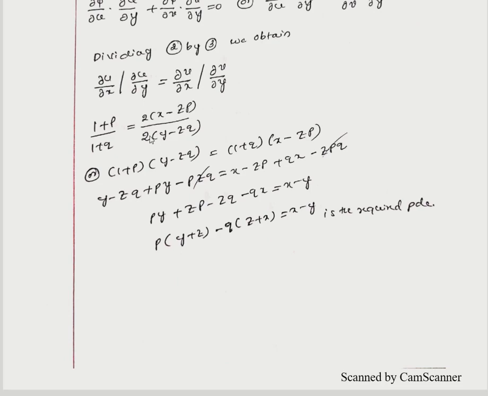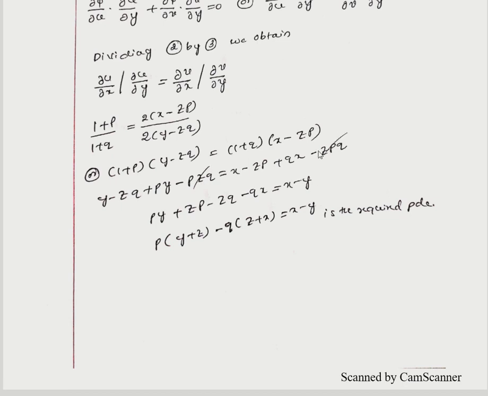Here 2 gets cancelled. Cross multiply: (1/p)(y minus zq) equals (1/q)(x minus zp). Multiplying out: 1 into y is y, minus z q, plus p into y, and plus into minus is minus zpq, equals 1 into x is x, minus zp, plus qx, and minus zpq.